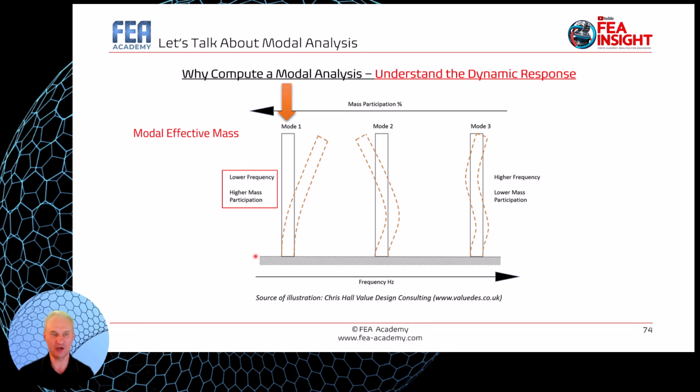That one has a higher mass participation, and this one has a low mass participation. This mode has a lower frequency, but you have more mass participating in the mode. It is obvious. You see more mass here moving in the mode shape. And here it is a higher frequency, but you have low mass involved in the excitation.